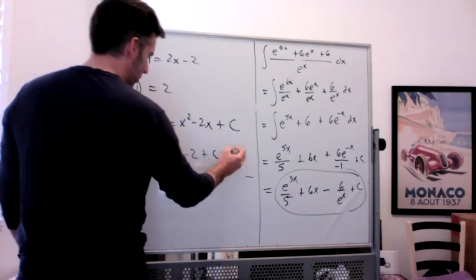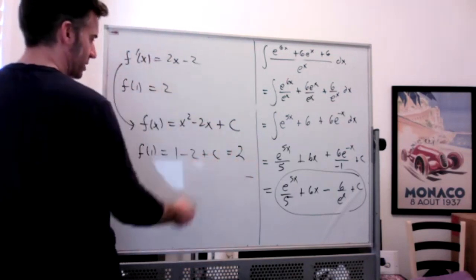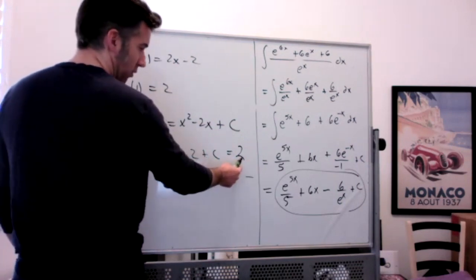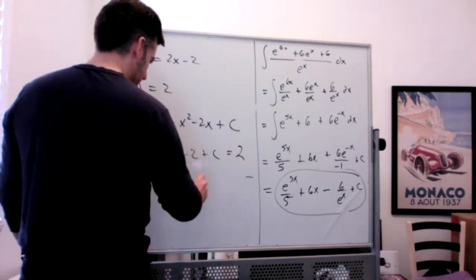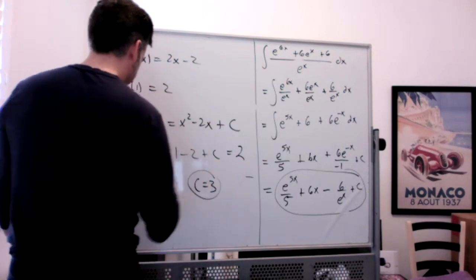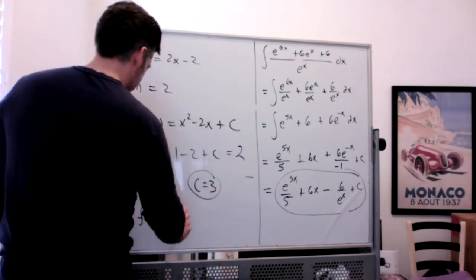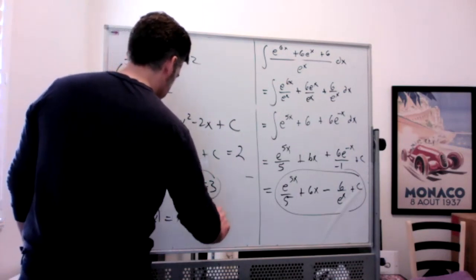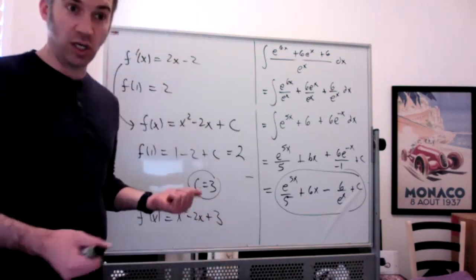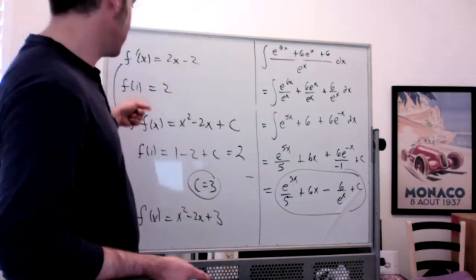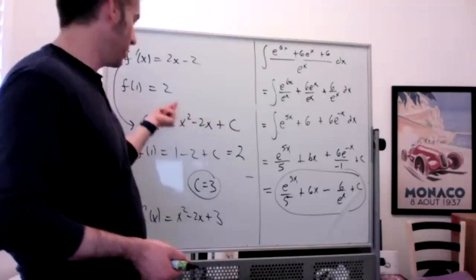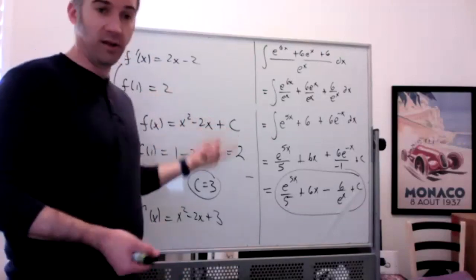That's supposed to equal 2. So solving for c, add 2, 4, subtract 1, 3. C has to equal 3. So your final answer is x squared minus 2x plus 3. Let's call it an initial condition problem, where in addition to finding the antiderivative, they give you some initial value so that you can find the constant c as well.